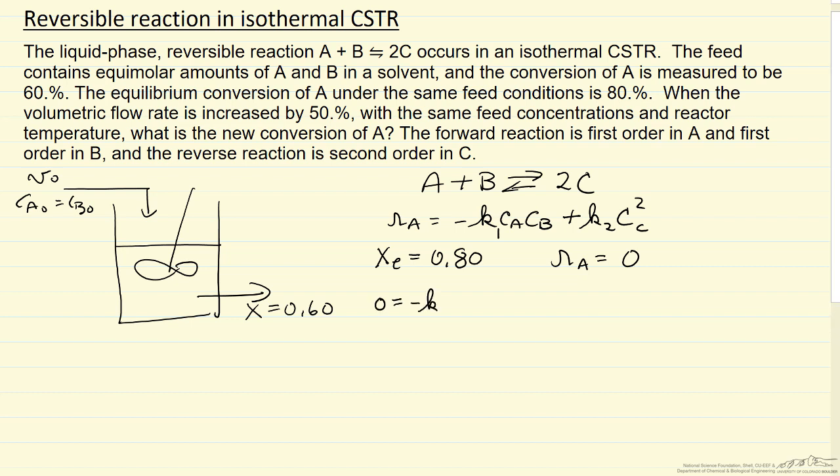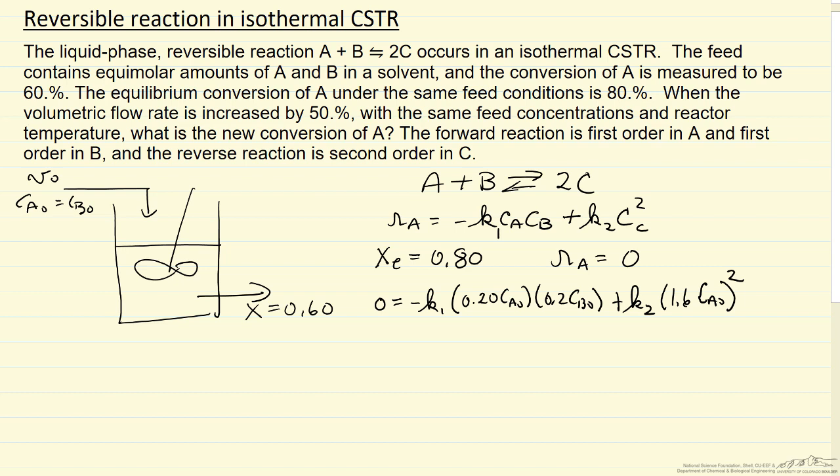That means K1, the concentration of A now, is 0.2 times the inlet concentration. Likewise for the concentration of B. And the concentration of C, so when 1 mole of A reacts, it makes 2 moles of C. So that means 0.8 moles per volume of A react, and we're going to make 1.6 moles of C. So concentration of C is 1.6 times the feed concentration of A, and that's squared since it's second order.